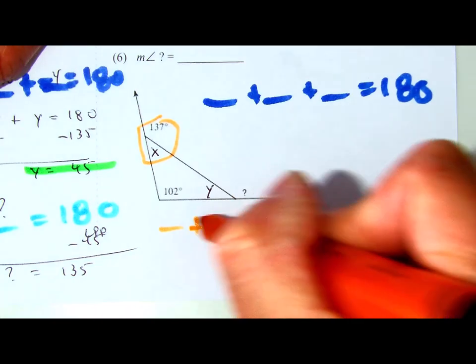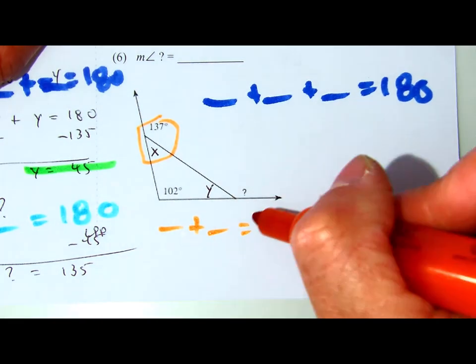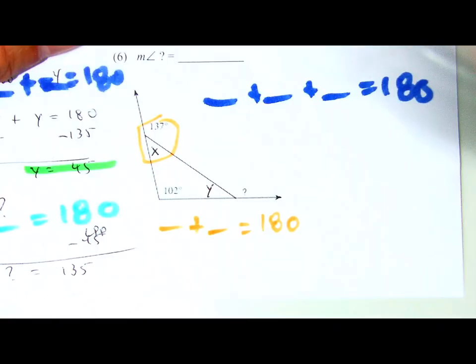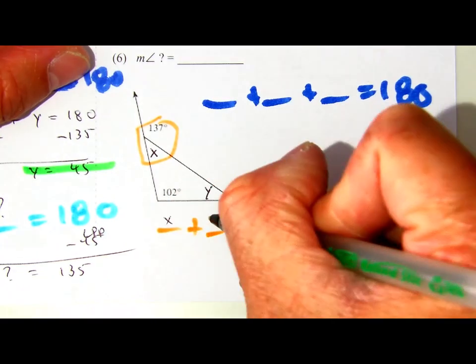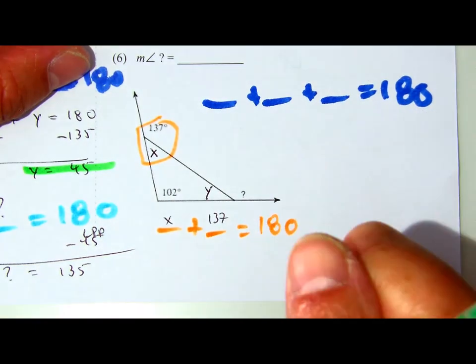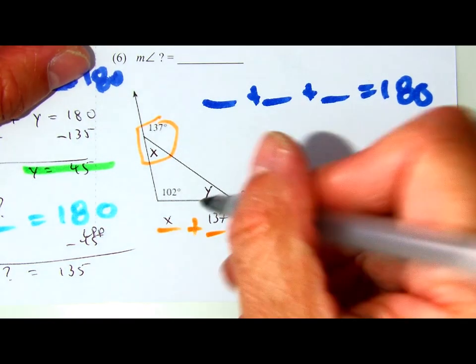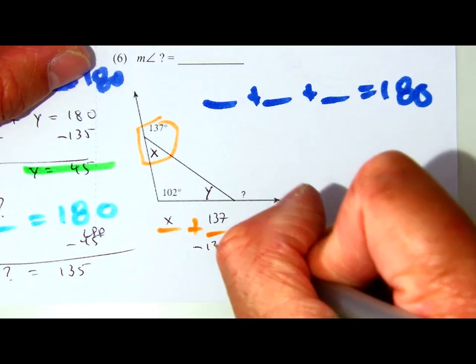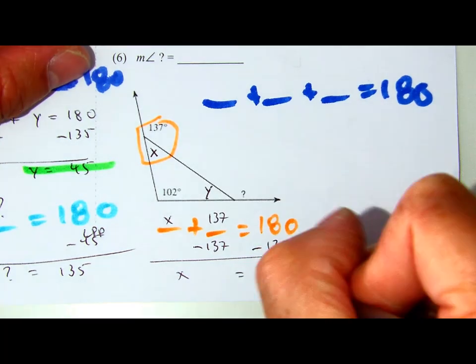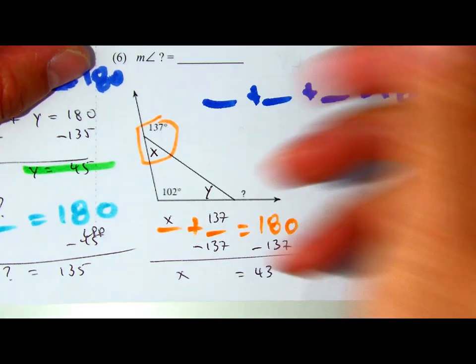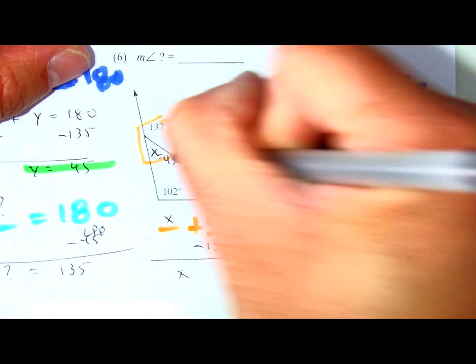Blank plus blank equals 180. So I have x plus 137 equals 180. Class, what number goes in there for x? 43. So x is equal to 43.